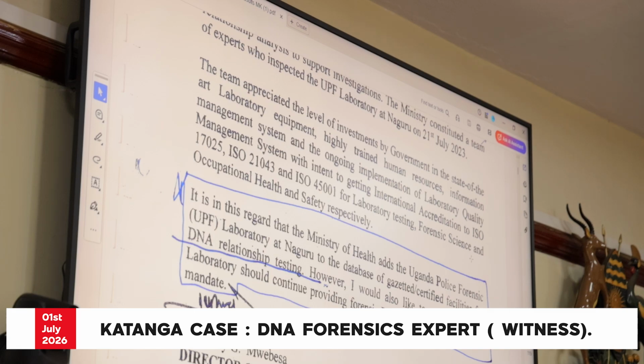Okay. And so from this letter, what were you telling my lord about the ISO certification of this lab? Whilst the laboratory are clearly working towards gaining the ISO accreditation, they as yet do not have that accreditation. And that's according to this letter. Yes, purely from this letter.